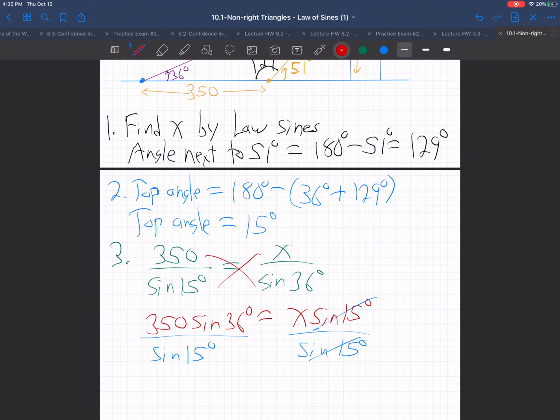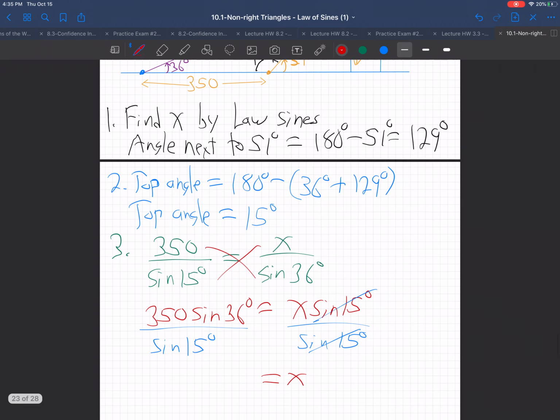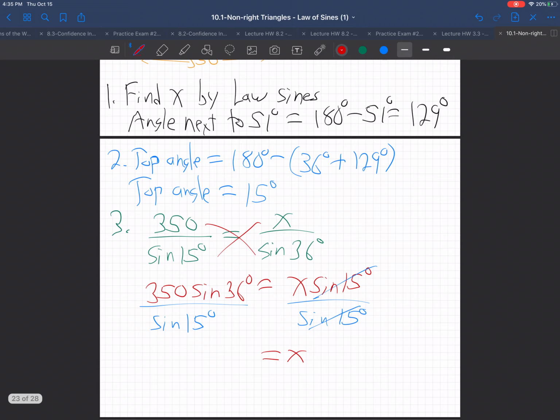Boom, boom. X equals, let's figure it out, 350 times sine 36 divided by sine 15 on my calculator. I'm getting 794.8597. Okay, so that's x.